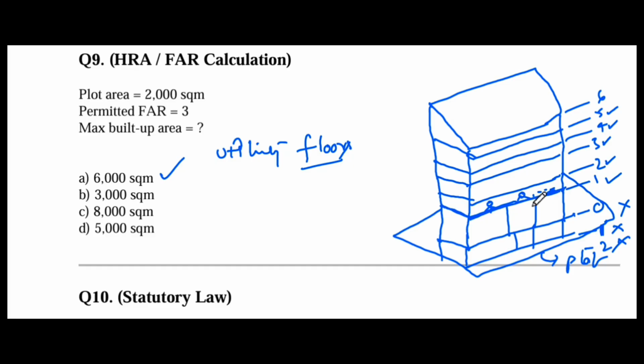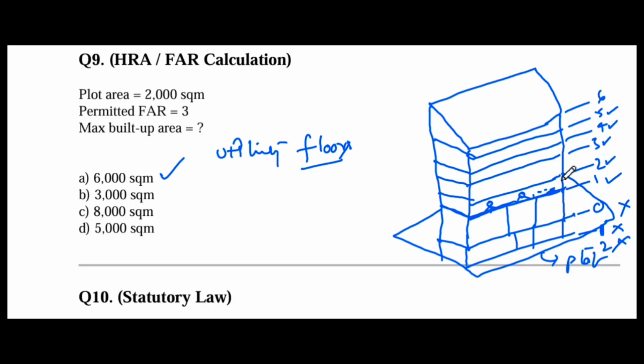The constructed slab area from where people start living, rest, stand and sit, that is the first utility slab. The parking and cellars are facility floors provided by the promoter or builder.